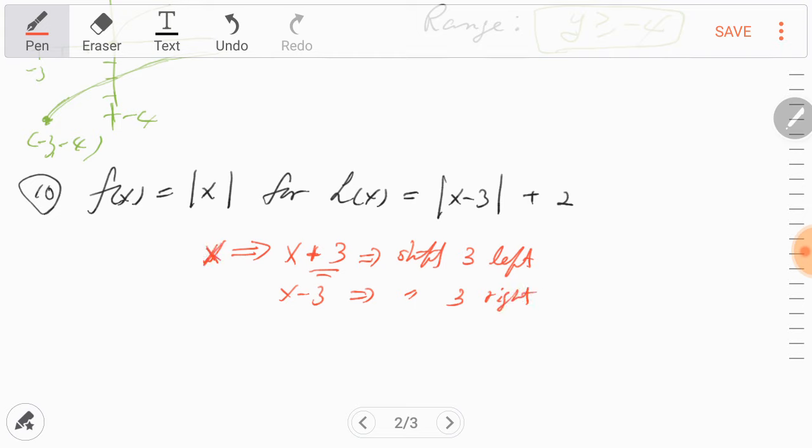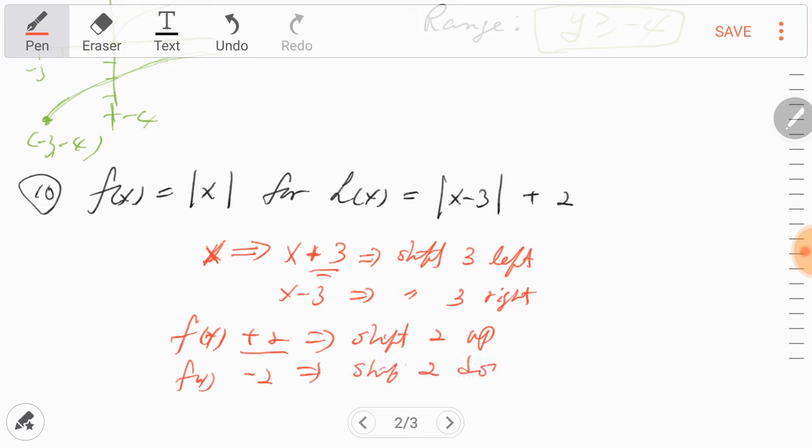Okay, and then if the whole thing, if you have f of x, I don't know what the f of x is, but plus 2 means what? This means shift 2 units up. Now plus means up, and f of x minus 2 means shift 2 units down. Okay. For x, plus is left, minus is right.